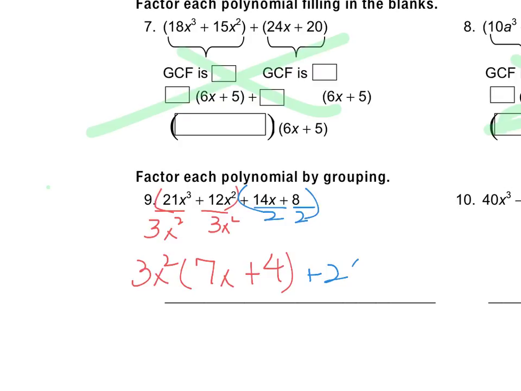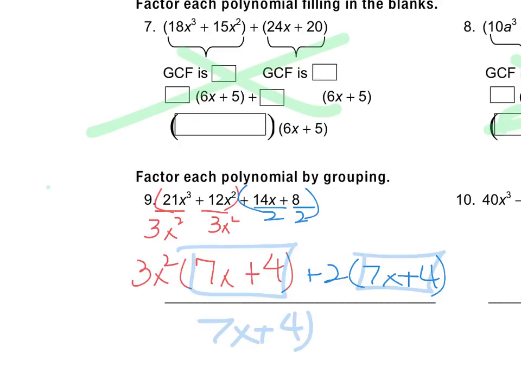And then 7x plus 4. Now it looks like those problems on the other page where I have the same thing, right? You write that once. Exactly. Plus 2. And you're done.